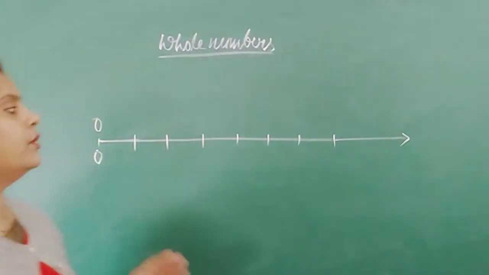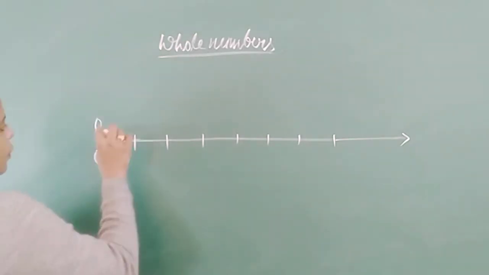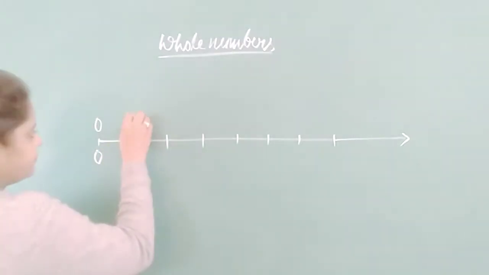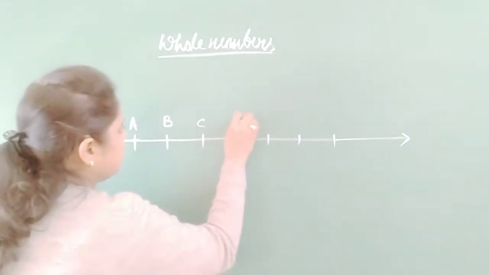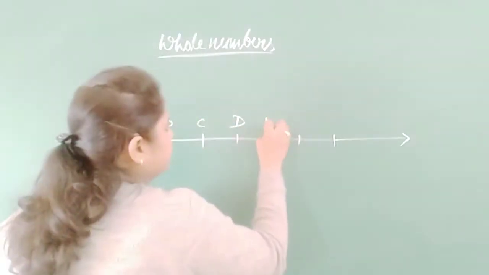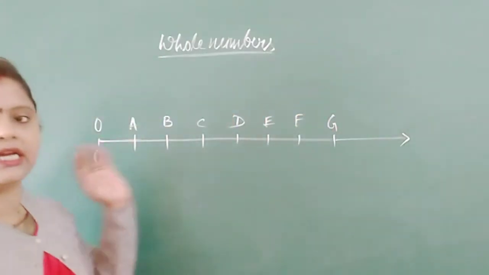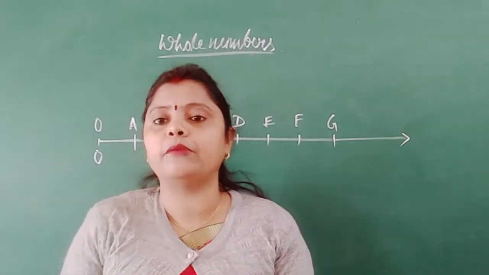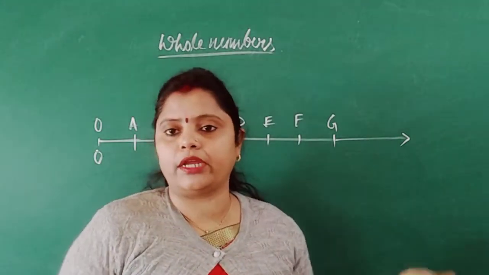Now I am going to give the names here. So this was O, its value is 0. Then A, B, C, D, E, F and G. I have just given the names, and now I am also going to write the numbers according to the interval.